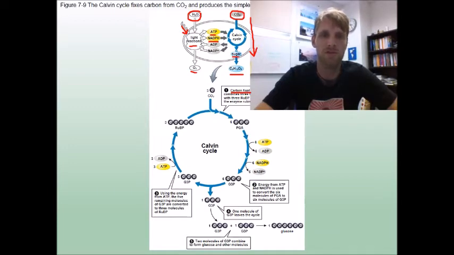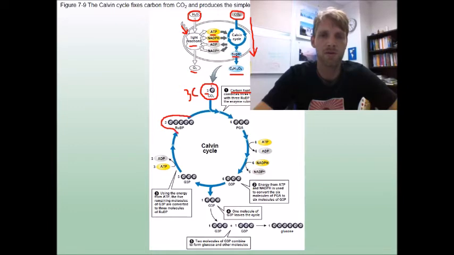But let's first have a look at carbon dioxide. In order to start the Calvin cycle, we need carbon dioxide, and we have it here. We need 3 molecules of carbon dioxide. So this gives us a total of 3 carbons in total if we look at atoms. Okay? These 3 carbon atoms will be combined with a molecule that I will circle here.